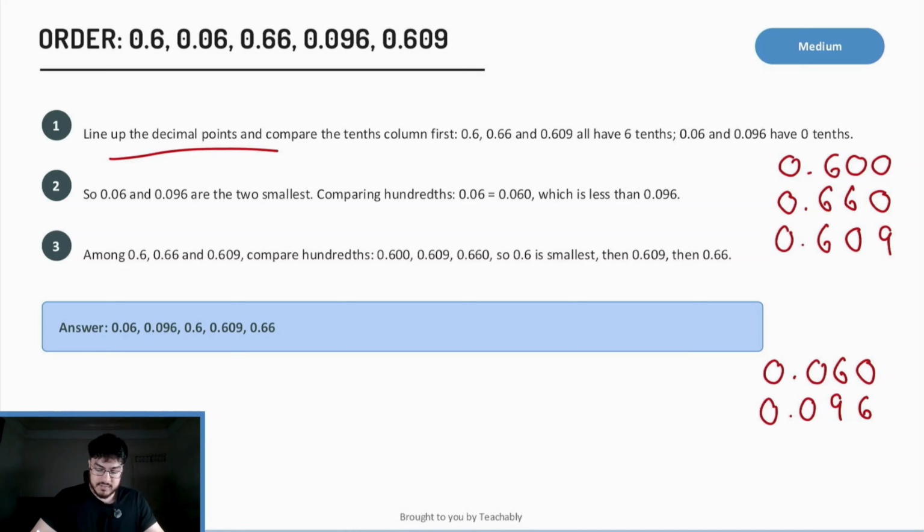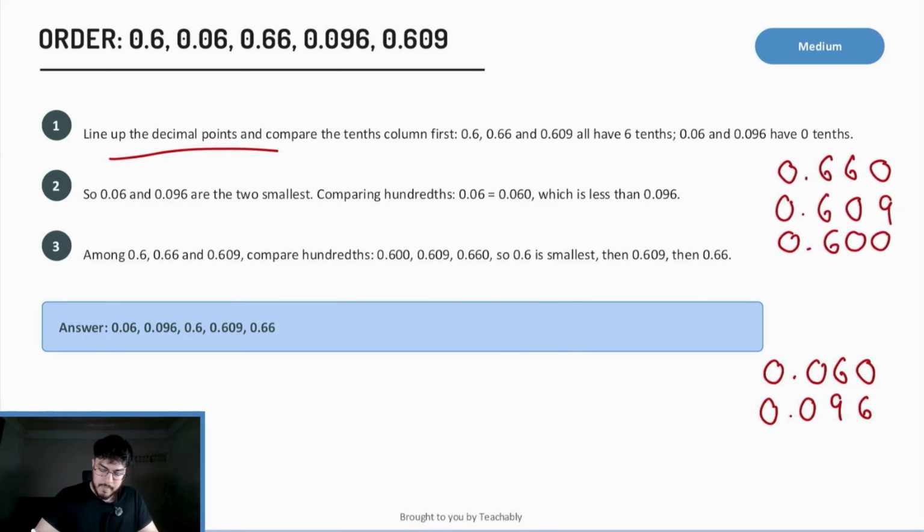Therefore, because this has a value in the second column, it's automatically going to be bigger than this decimal and this decimal. And so again, I'm going to just systematically do this, say that that comes out on top, because it has a digit in the first two columns, whereas these two numbers only have a digit in the first column.